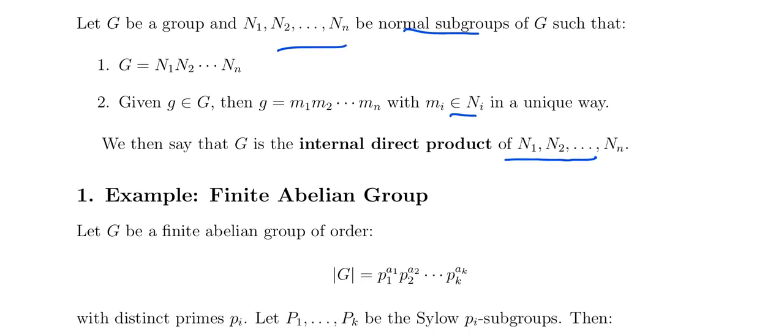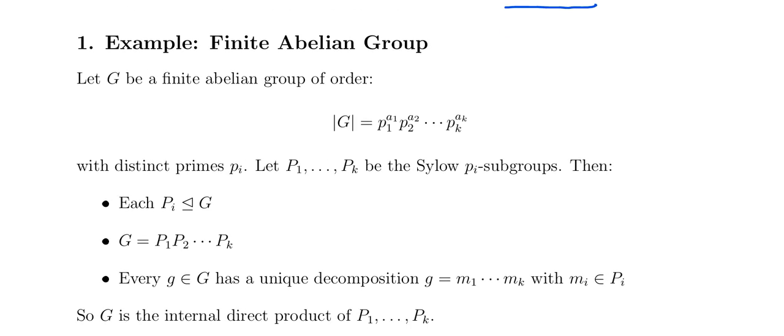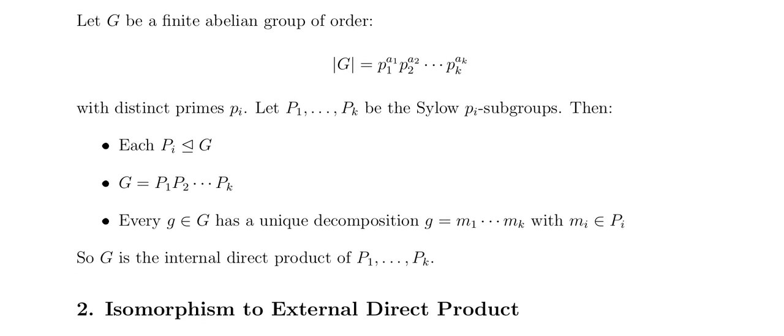And for a finite abelian group, let G be a finite abelian group of order |G|, that is the product of prime factors p1 power a1, p2 power a2, and so on pk power ak, with distinct primes pi.